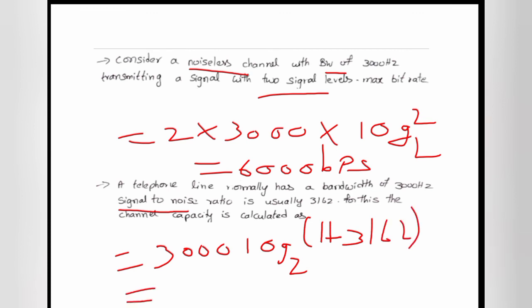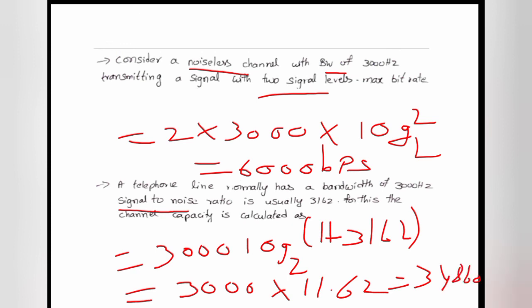So it will result in 3000 into, if you perform the log of 3163 base 2, it becomes 11.62. That is 34,860 bits per second. So this much capacity the channel has. Okay.